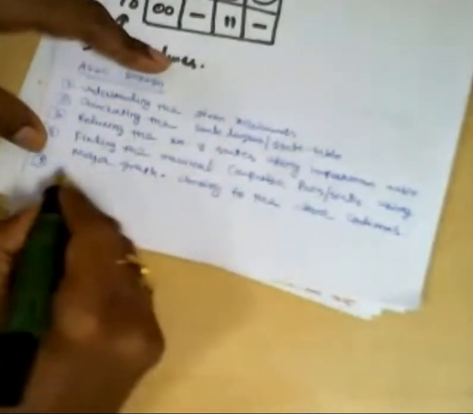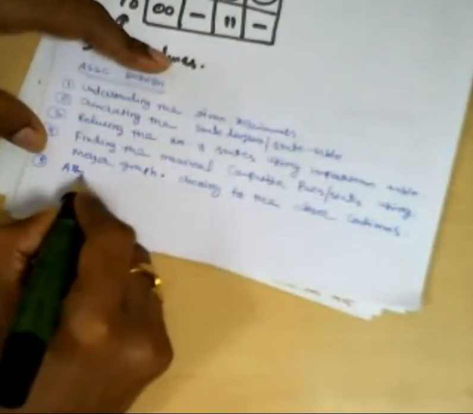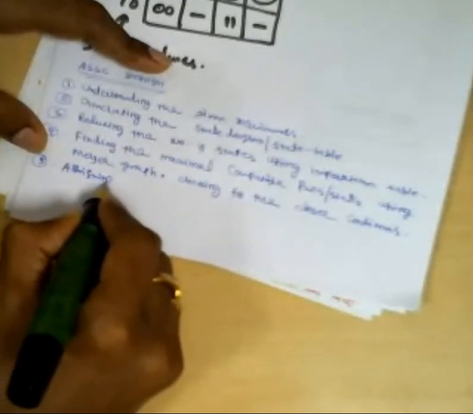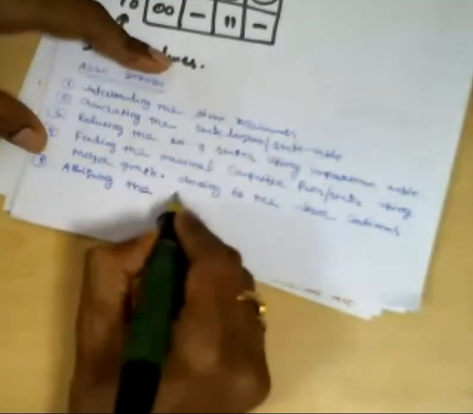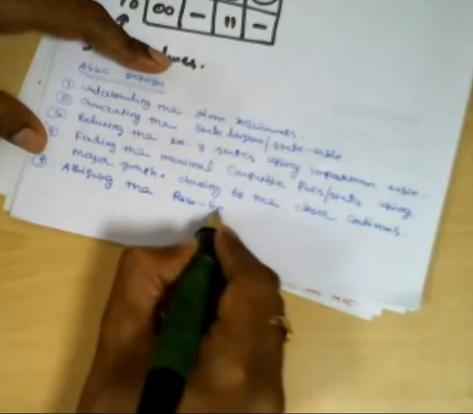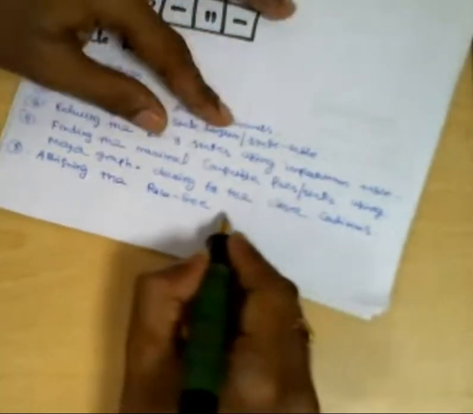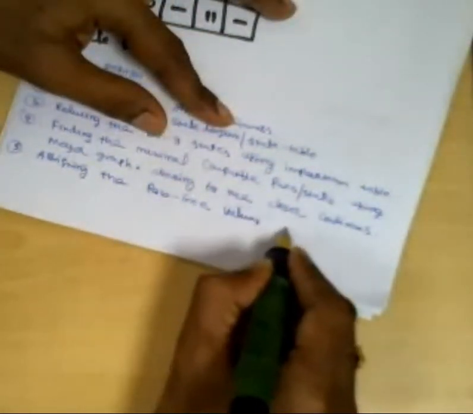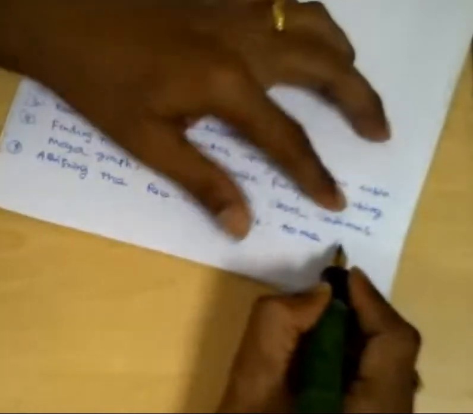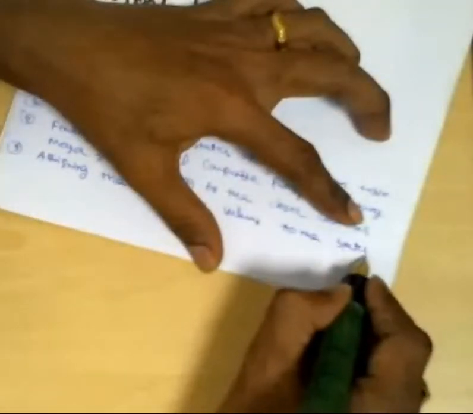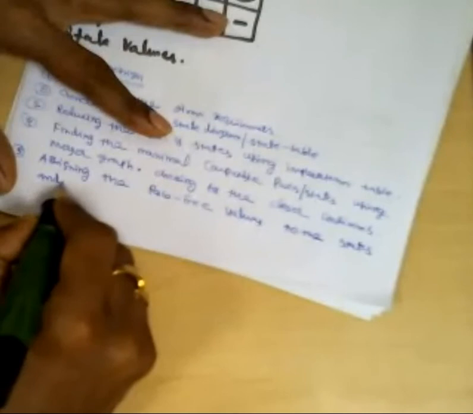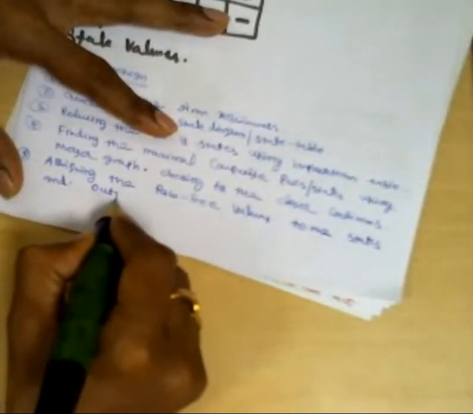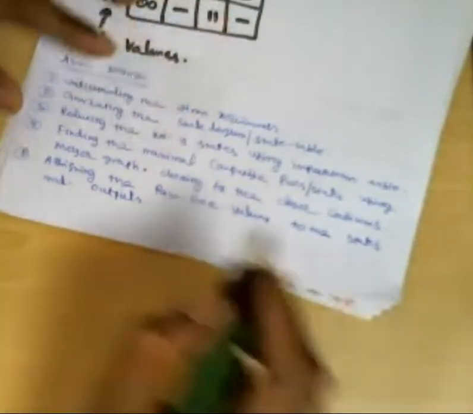Fifth, assigning the race free values to the states and outputs.